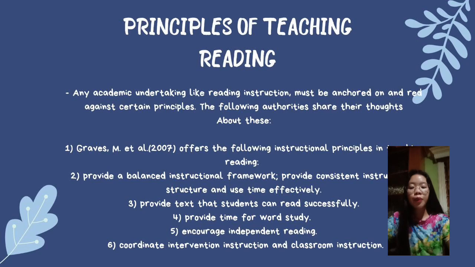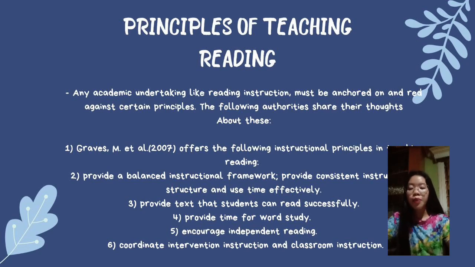We must give them books to read, group sharing, and mini lessons for them to be more interactive and enjoy reading. Number two is provide a balanced instructional framework, provide consistent instructional structure, and use time effectively.